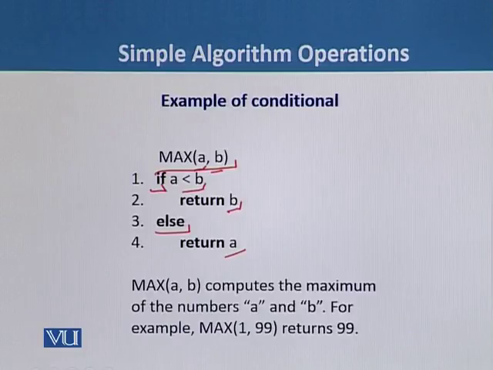So we can see here maximum(A, B) computes the maximum of the numbers A and B. And the example is, if we have to calculate the maximum of the numbers 1 and 99, it's very obvious that 99 is the maximum number and it will be returned. It means that our answer will be 99.